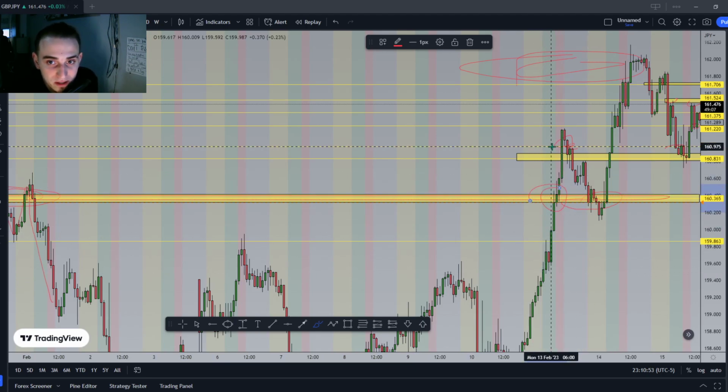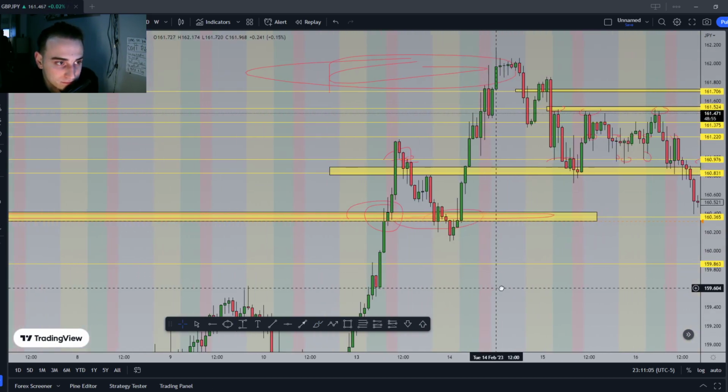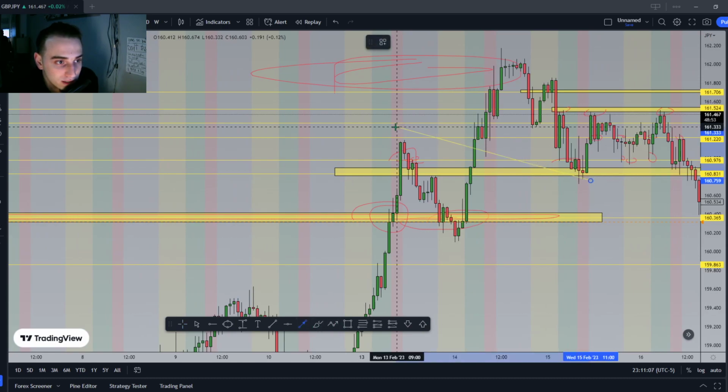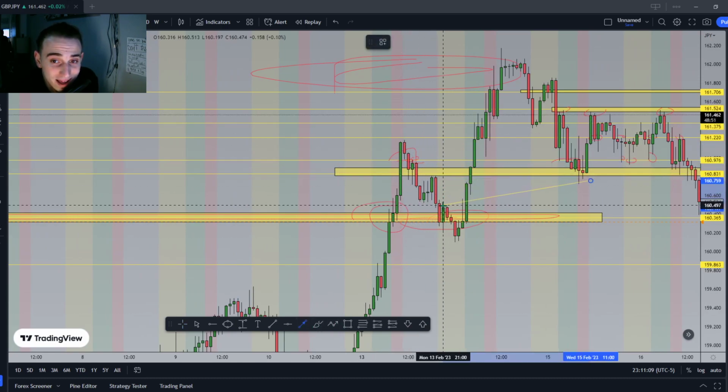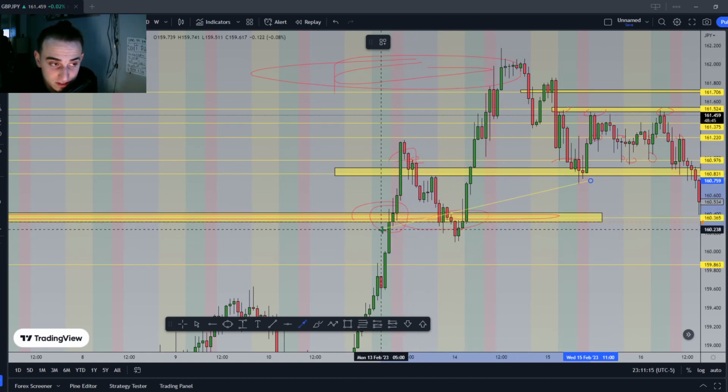We broke. That means once we break resistance, it becomes our support. Once we break support, it becomes our resistance. So now, what are we waiting for? We broke. Now we're going to come back and wait until we get a confirmation that this resistance that we just broke becomes a support.